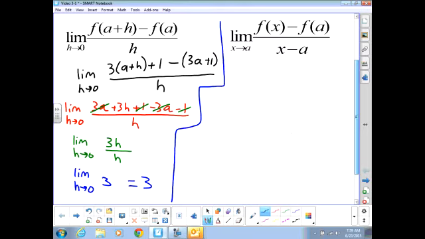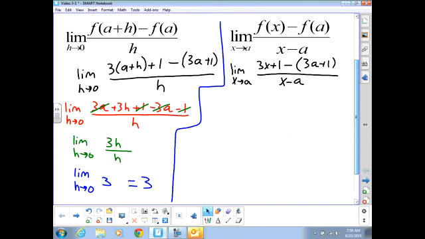We'll look at our second method now. So we'll do our limit as x approaches a of f of x, that's our 3x plus 1, minus, remember to put in parentheses, f of a, so that's 3a plus 1, all over x minus a. We'll distribute our negative.